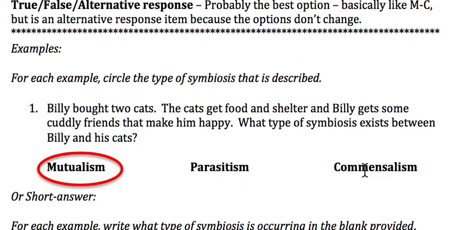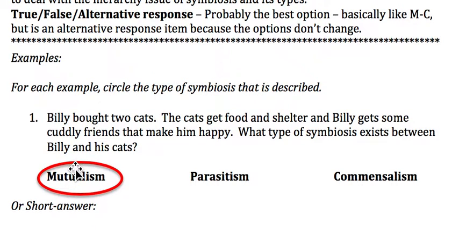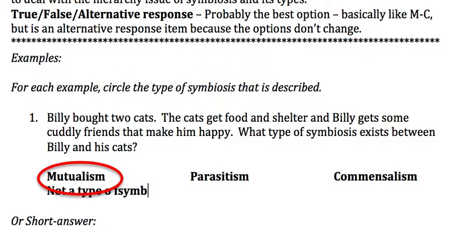And so I'd probably, in this case, go with some form of alternative response, again, probably the best option, because if I go with a short answer, I don't want a student to write symbiosis in each case, which is technically correct, but not what I'm going for. So in my directions too, I would want to specify the type of symbiosis that is described and I just give them options. If I wanted to decrease the guessing factor, I'd add another option that said something like not a type of symbiosis.